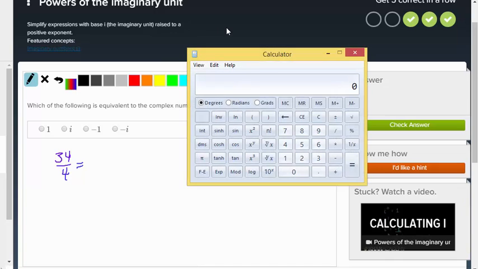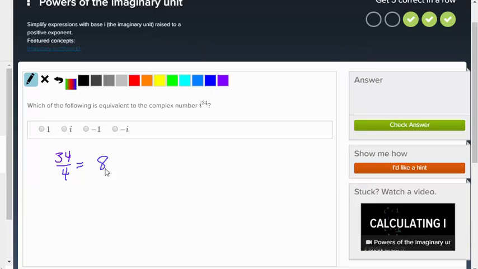So if I do 34 divided by 4, I get 8.5. Now the important thing that we're looking for is the decimal part. We care about the decimal. I couldn't care less about the 8. What I care about is the decimal. If I get no decimal at all, that means my answer is 1.